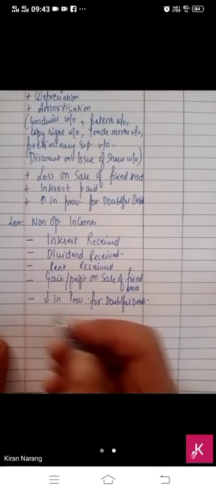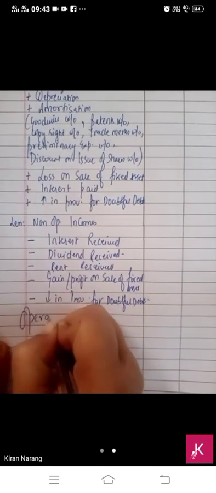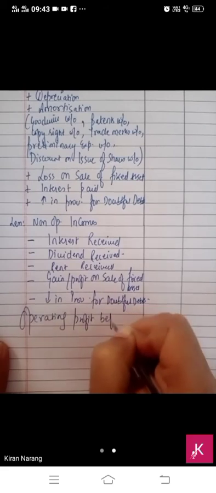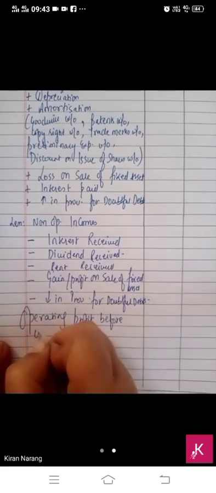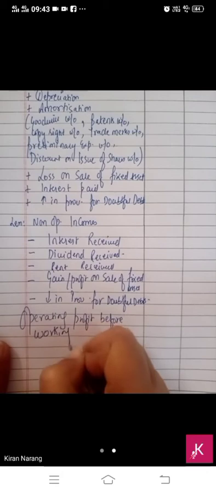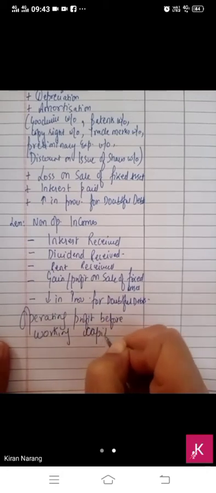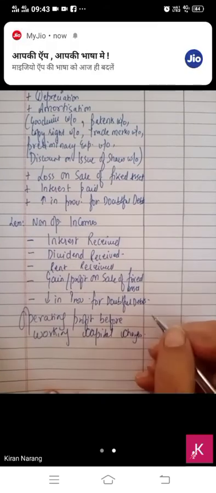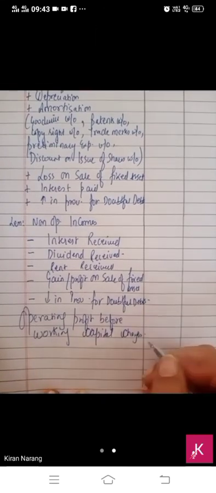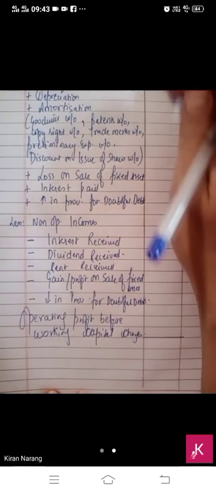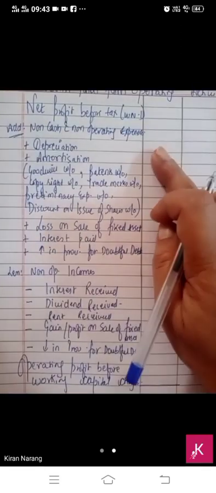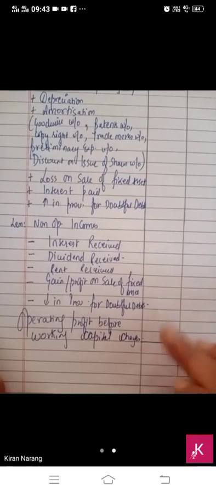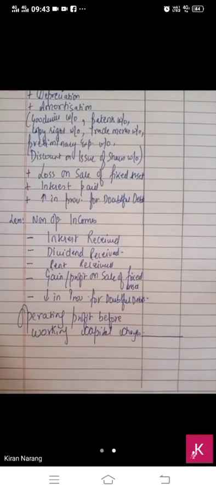The answer will be operating profit before working capital changes. When in net profit before tax we add these items and subtract these, we will get operating profit before working capital changes.